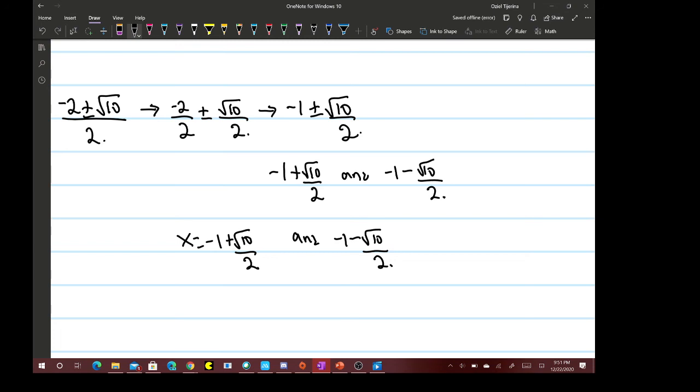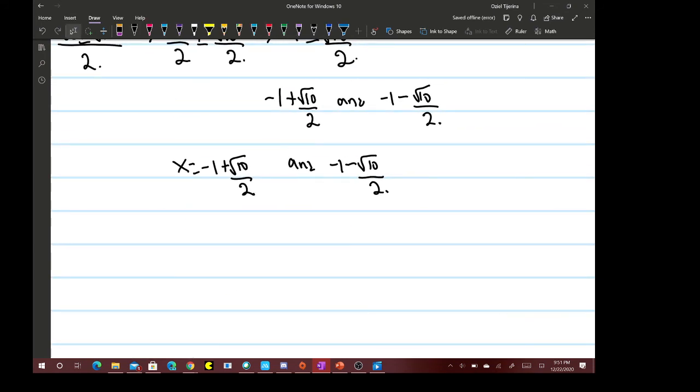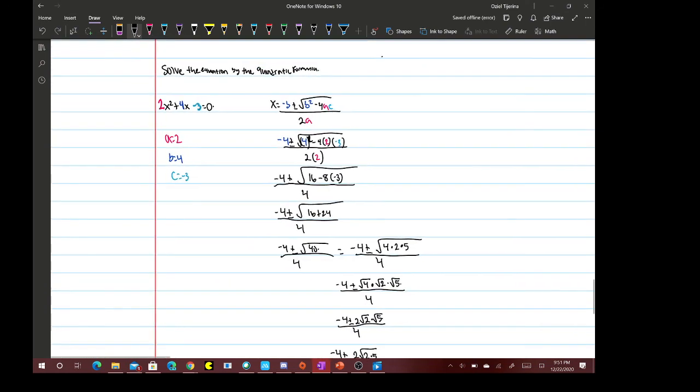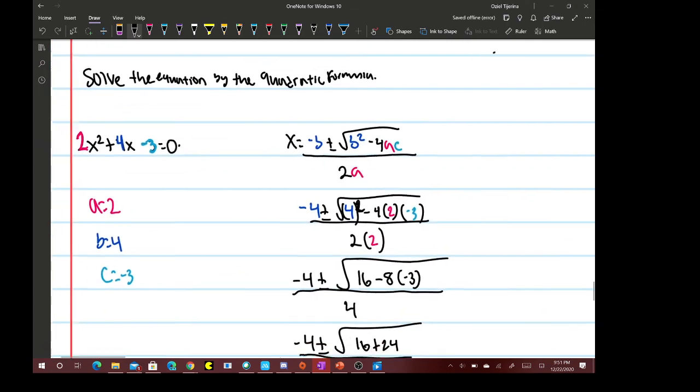So let's say you want to do 2 decimal places, you would say x is approximately 0.58, and then x is approximately, if we said negative 1 minus, it would be negative 2.58. So those are your 2 answers to this quadratic equation.